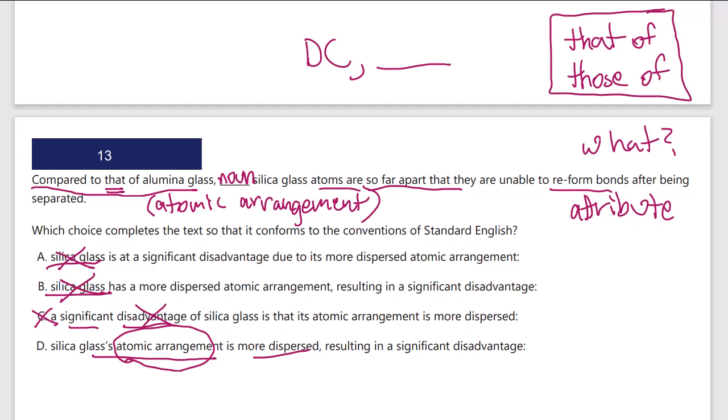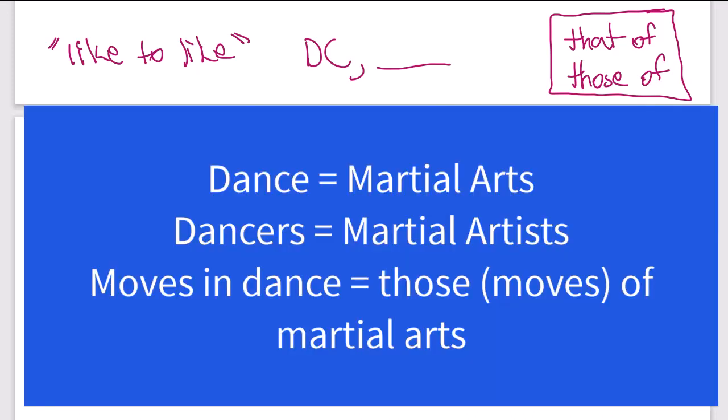And this reminds me of the comparison questions from the old writing and language exam. Whenever we had comparison, we had to compare like to like objects. And a good example of that is between dance and martial arts. You compare dance to martial arts. You might compare dancers to martial artists.